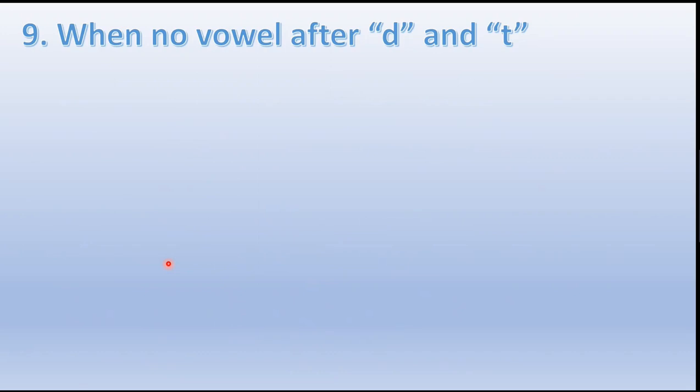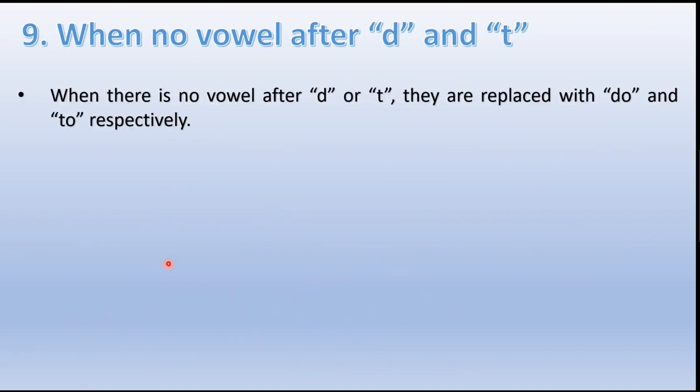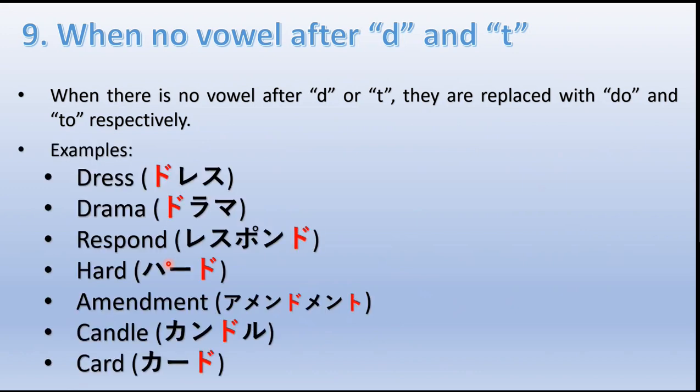Then we have the ninth rule: when there is no vowel after D and T. So when there is no vowel after D or T, then we need to replace those sounds with do and to in Japanese respectively. For example, we have the English word dress. In Japanese, it will be written as doresu.